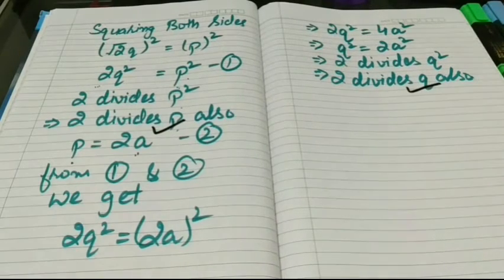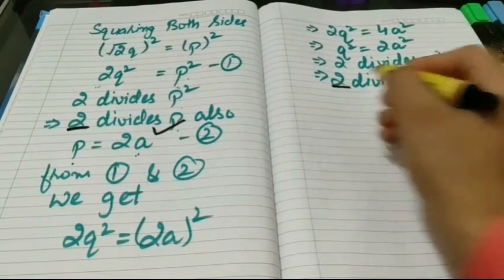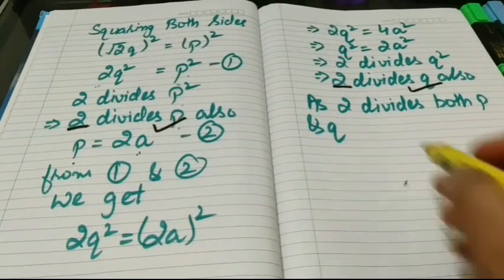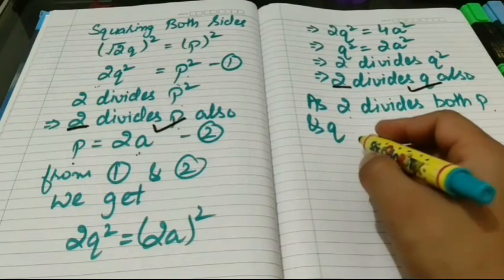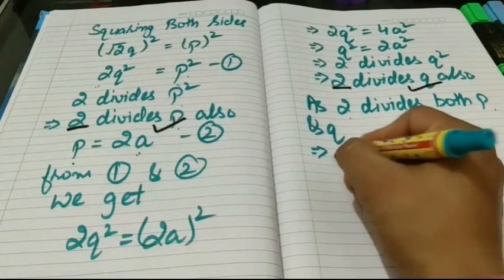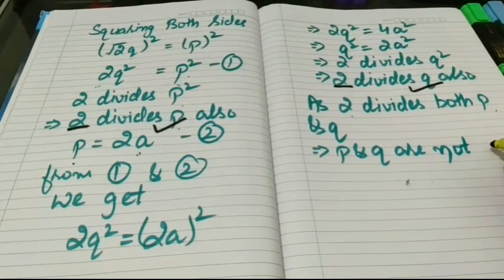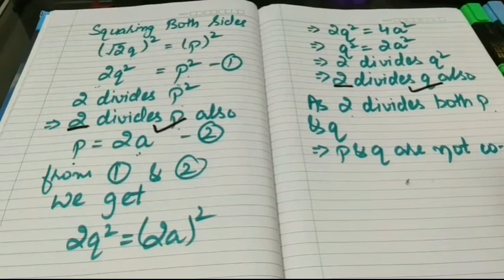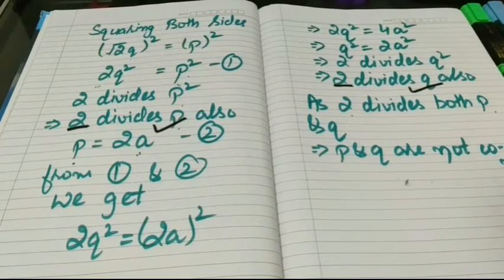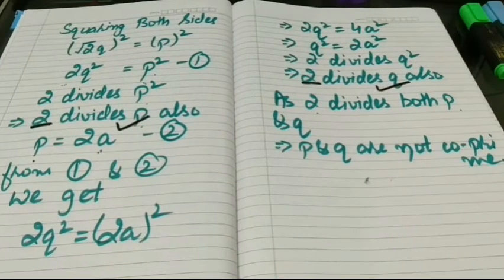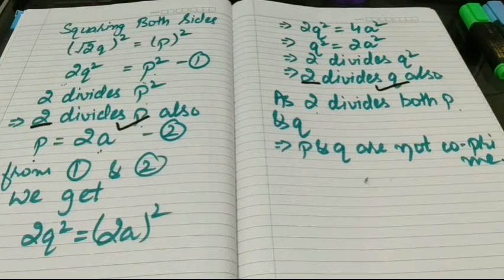It means 2 divides both p and q. So p and q are not co-prime, since 2 is their common factor. Because 2 divides both p and q, 2 is a common factor of p as well as of q.